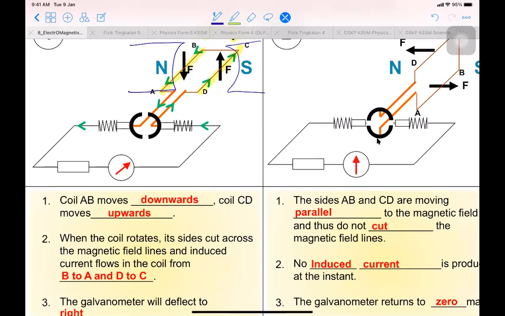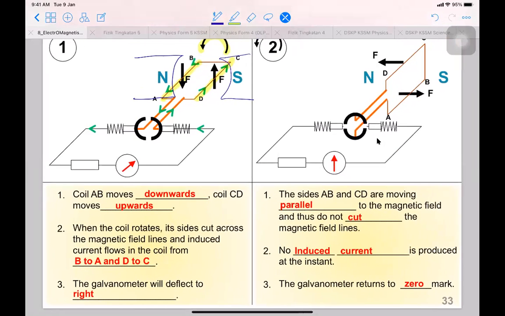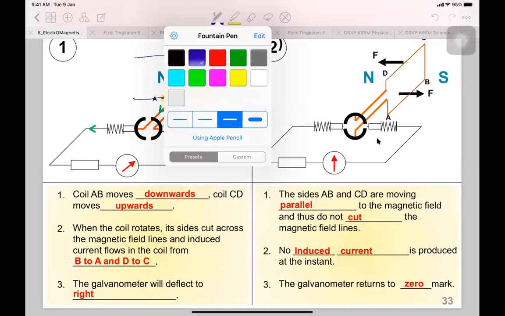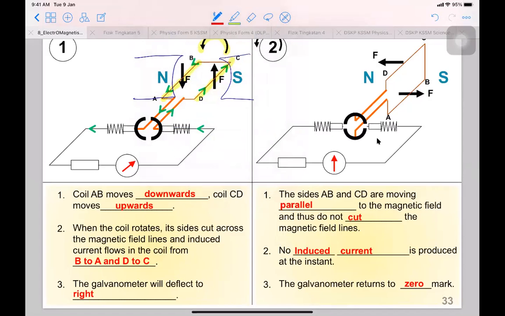So if there is a cutting of the magnetic flux, induced current will flow in the coil, and there will be a deflection on the galvanometer. Now the deflection of the galvanometer will follow the direction of the induced current. Jadi ngam lah kan dia punya direction of the deflection of the galvanometer pointing to the right because it follows direction of the induced current. Okay, so it is pointing towards left.